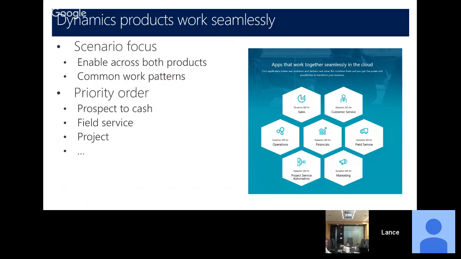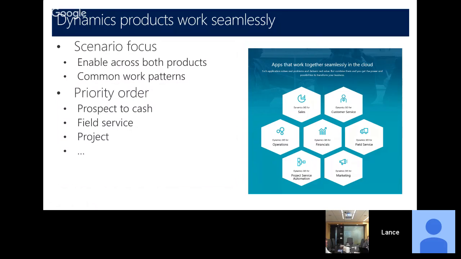And we have other products as well. We announced this brand, Dynamics 365, which is an umbrella brand. It brings all of these products together under a single marketing effort. And one of the first questions customers ask, and have been asking many times, is how are they going to work together.